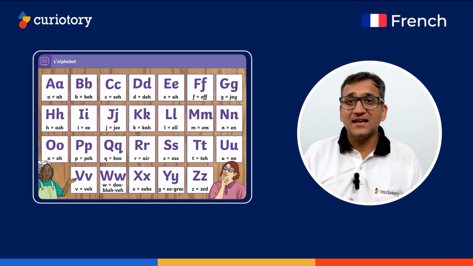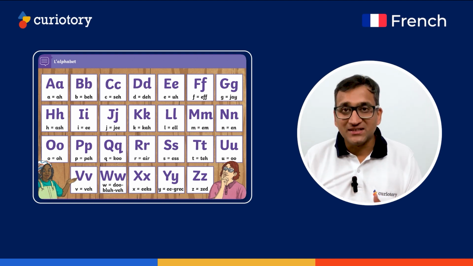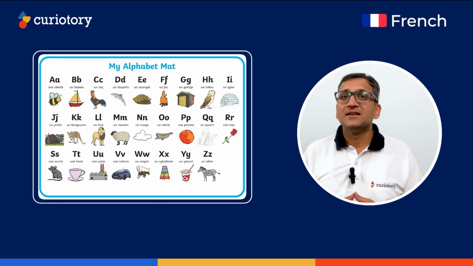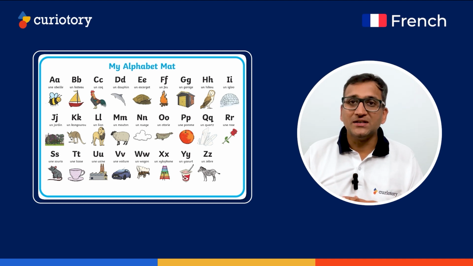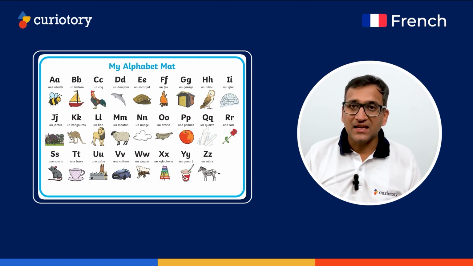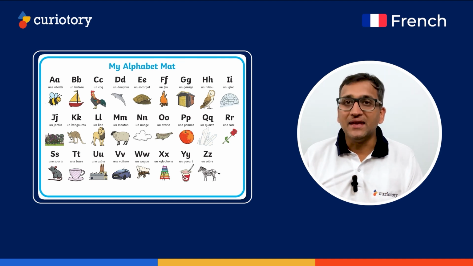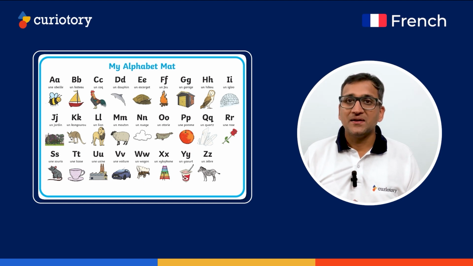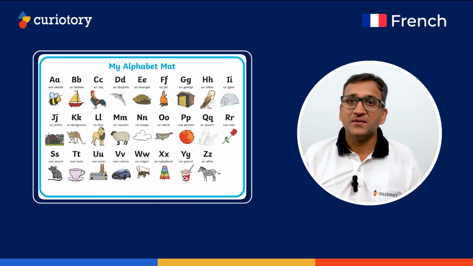Now let's do some pronunciation of the words using these alphabets. So the list is, the first word for the letter A is un abeille, and for B is bateau, right? Bateau means boat, fine.